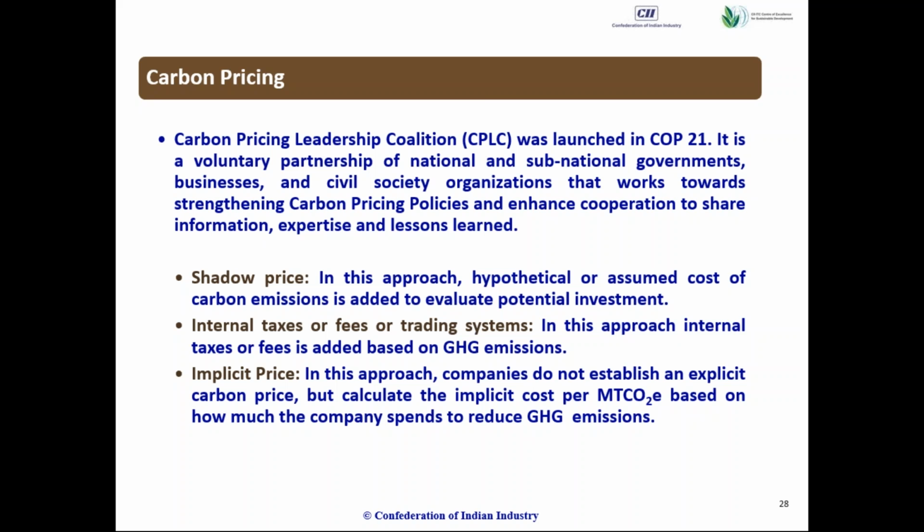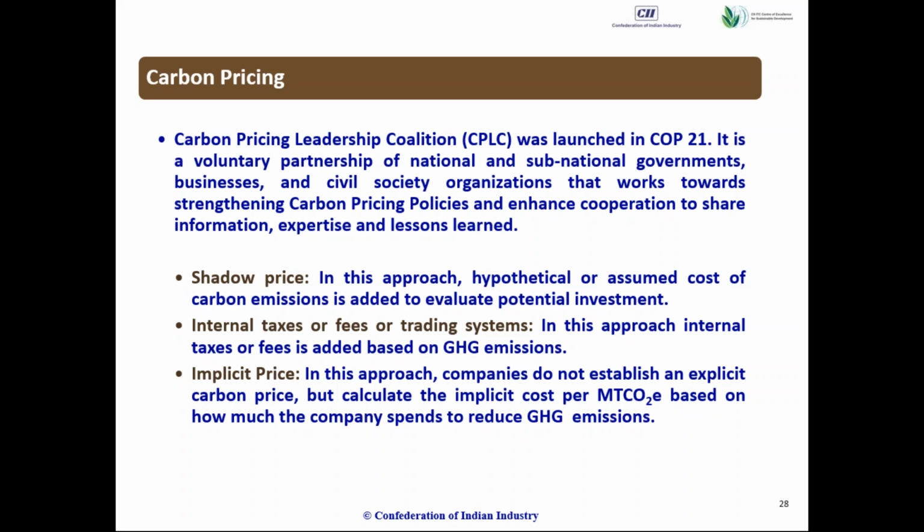And if you look at carbon pricing, there are essentially three types of carbon pricing. First is the shadow carbon price. In the shadow carbon price, when we are making an investment, we also consider a hypothetical or an assumed cost of carbon emissions. Suppose I want to put up a steel plant, I will see what will be my GHG emission because of the steel plant.